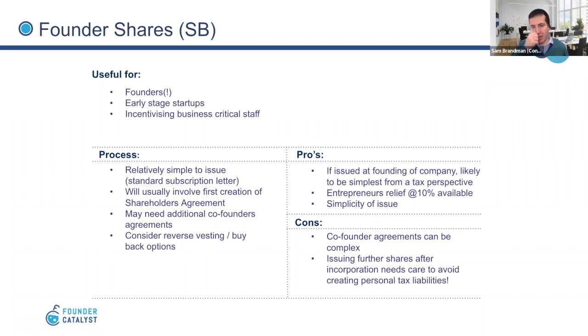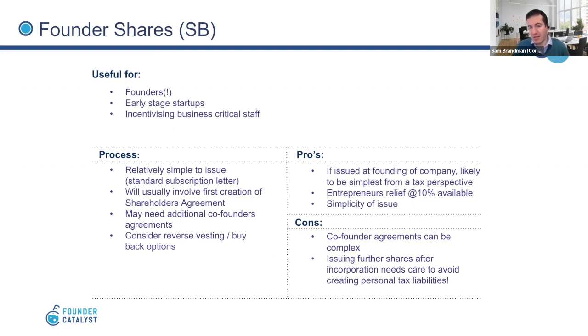This will probably be when you create your shareholders agreement if you don't already have one. You might need something called co-founder agreements, and that's basically you're giving someone quite a lot of equity in your company potentially. You'll typically give it to them on day one, but there will be conditions attached to that so that they can't just walk away. And as I've noted there, you can consider reverse vesting depending on the relationship.